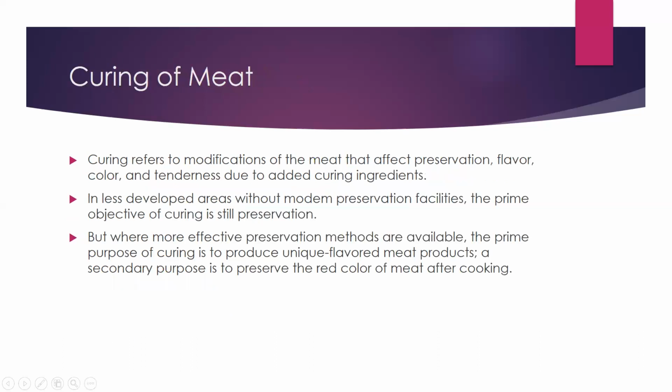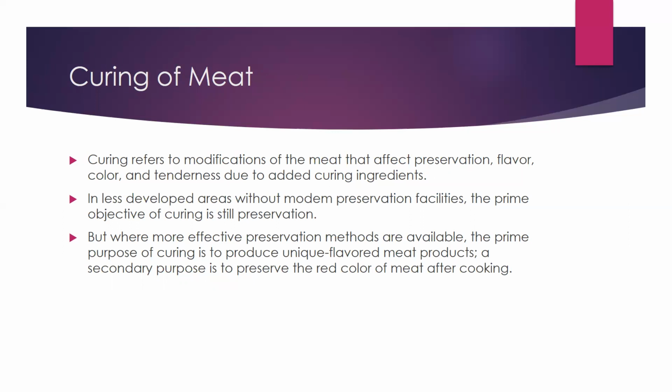Next is curing of meat. In the ancient period, curing was seen as a method of preservation, but curing refers to the modification of meat which affects preservation, flavor, color, and tenderization due to the addition of curing ingredients.